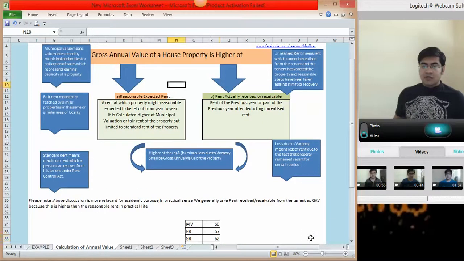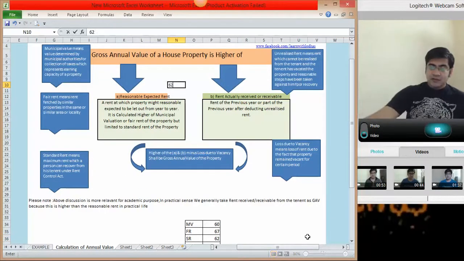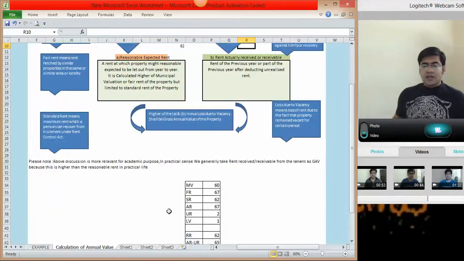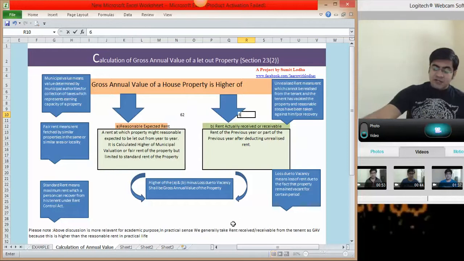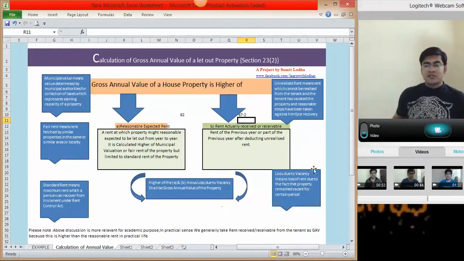I will just put it over here so that you can easily understand this. Now, moving ahead, actual rent received or receivable is 67, but unrealized rent out of this is 2. Then this calculation will be 67 minus 2, the actual rent received or receivable.